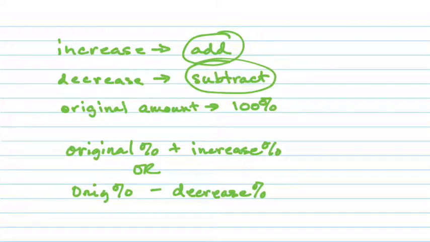So let's say that I'm going to increase the price of a shirt 20%. Well, what percent is the original price of the shirt? And I'm going to increase that by how many percent? 20%. So in effect, I'm going to be paying 120% of the price. Does that make sense? So let's say we're going to decrease it by 40%. The original percent is how much percent? 100%.